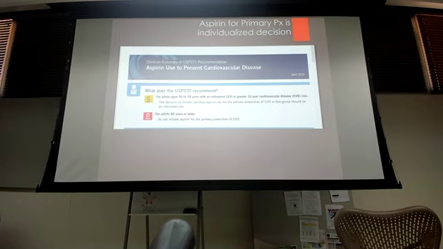And here's the clinical summary of that U.S. Preventive Services Task Force, and they give you some age stratification of when you should continue to use aspirin to prevent cardiovascular disease for primary prevention. And there's the age groups with a yes or a no.